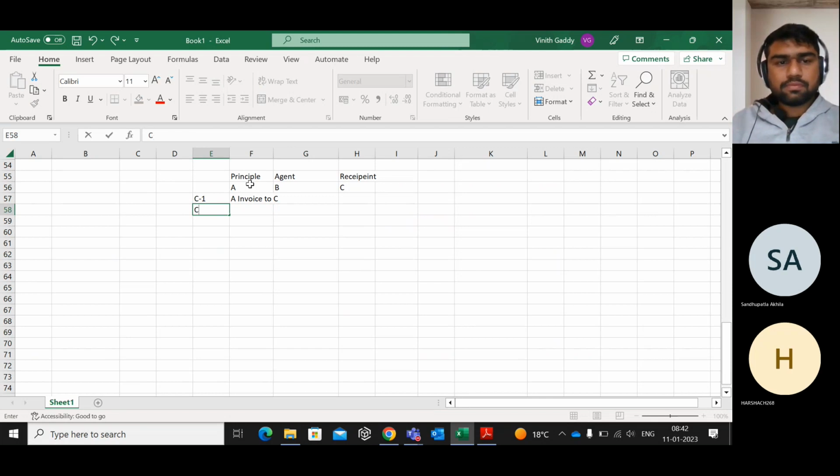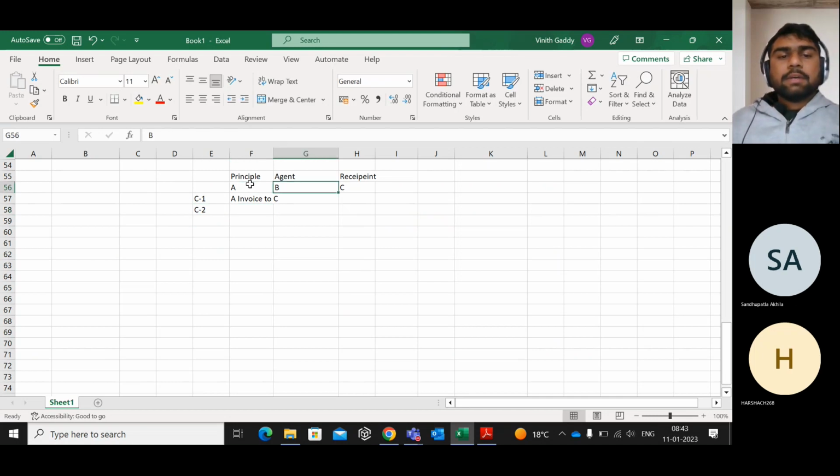Case 2. A is the principal, B is the agent, C is the recipient.